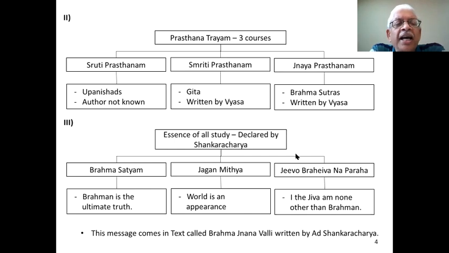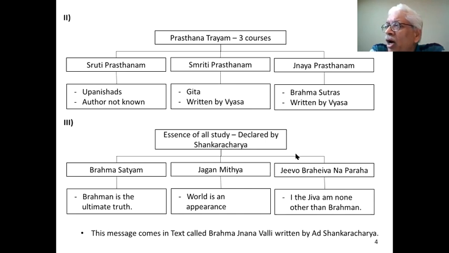And Shankaracharya has written commentaries on 10 Upanishads. Those Upanishads are generally taught in the Vedic schools, even today. Commentaries are available, Shankara Bhashyam is available. All this is with a view to understand what the Upanishad says.